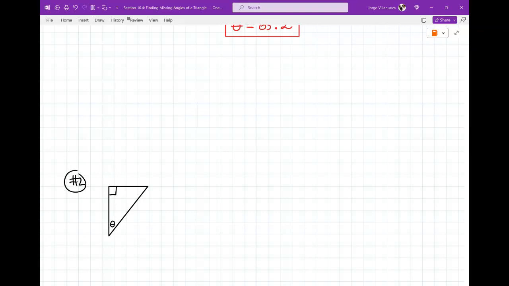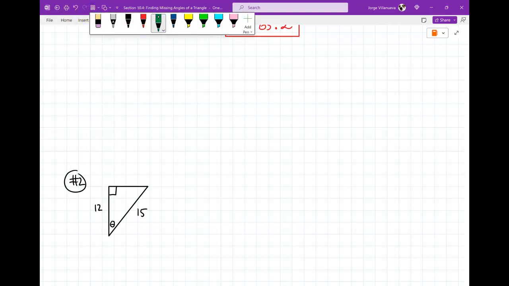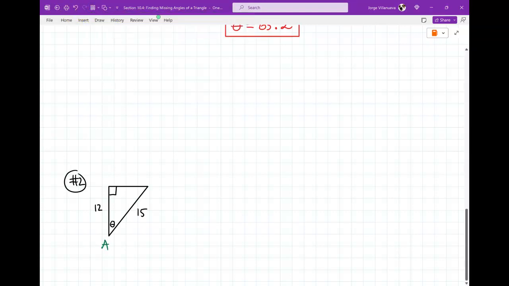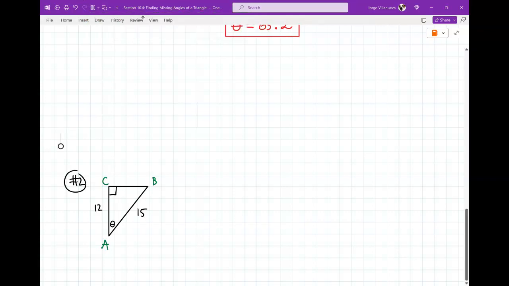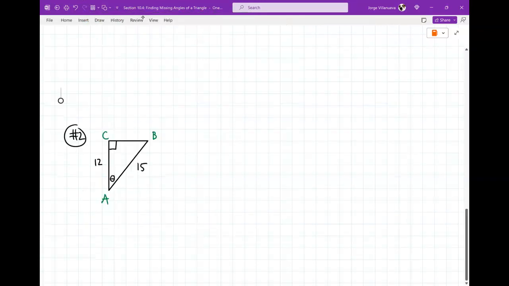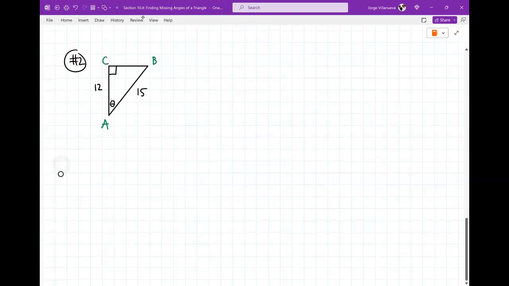This is a 12. This is 15. And then the triangle is labeled A, B, and C. Let me move this up. So same instructions, find the measure of the angle to the nearest tenth.